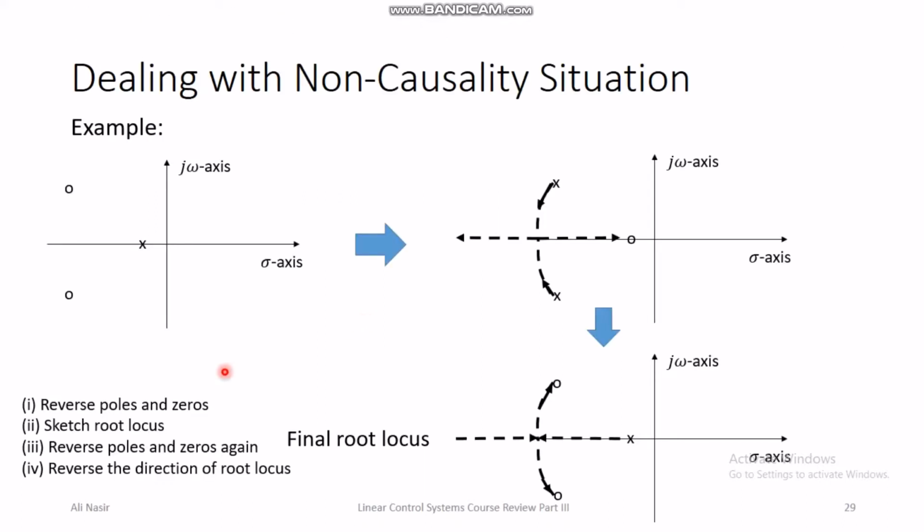So these are the steps: reverse the poles and zeros, so zeros become poles and poles become zeros, sketch the root locus, then reverse the direction of the root locus and reverse the poles and zeros again. The second reversal gives you the original system with its root locus.